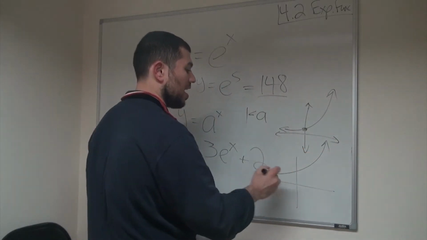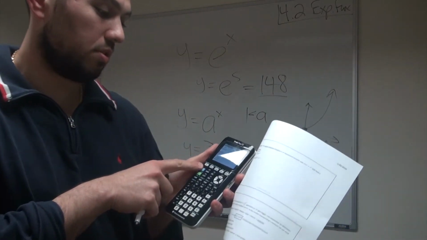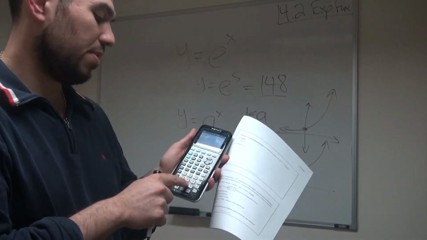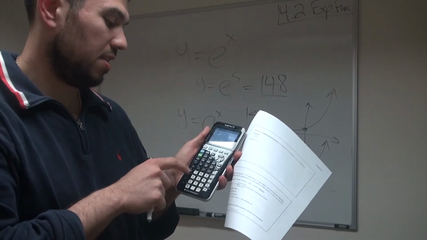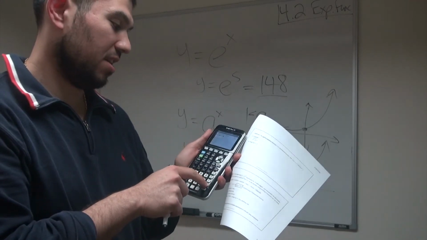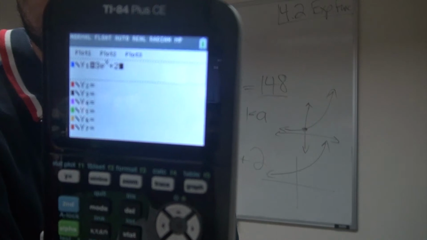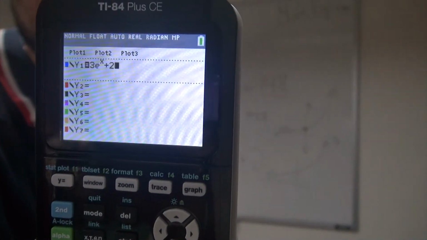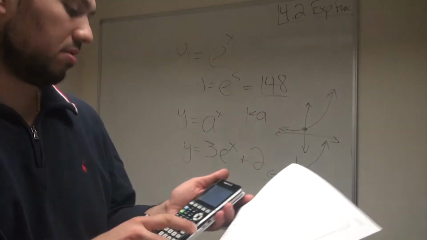You could also graph this in your graphing calculators. You go into y equals, and you can type in 3, second e to the power x. Back out and then hit a plus 2. So that's what my calculator screen reads: 3e to the x plus 2.